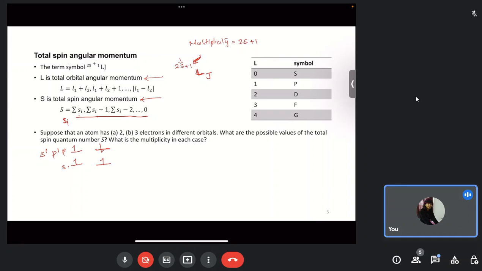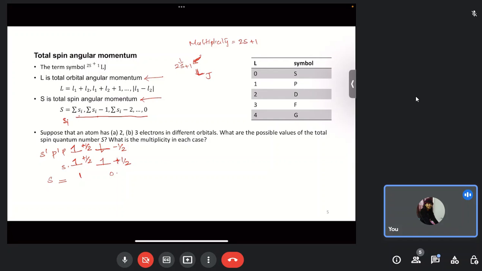Since they are in two different orbitals, it doesn't matter if both orient in the plus 1/2 direction, or if one is in minus 1/2 and the other in plus 1/2. If you add these two, it is going to be 1, and if you add plus 1/2 and minus 1/2, it is going to be 0. So your total spin angular momentum is going to be 1 and 0.